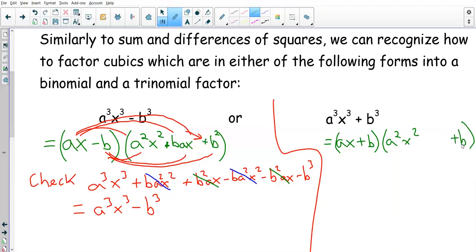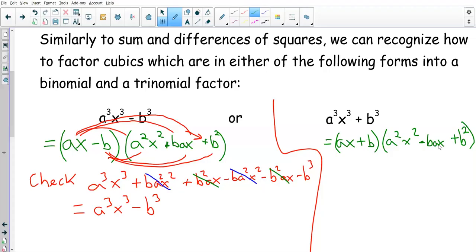I need to end in a positive b squared. And then in the middle, I need a negative sign to get things to cancel.